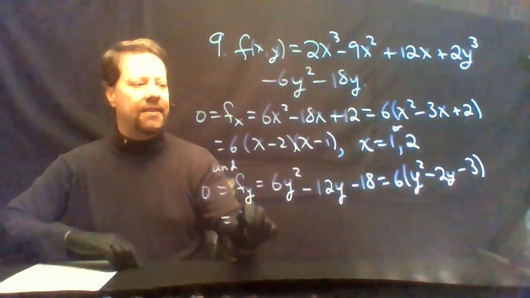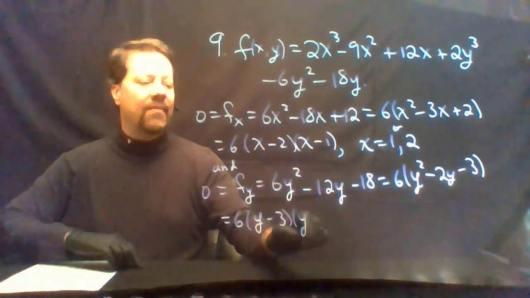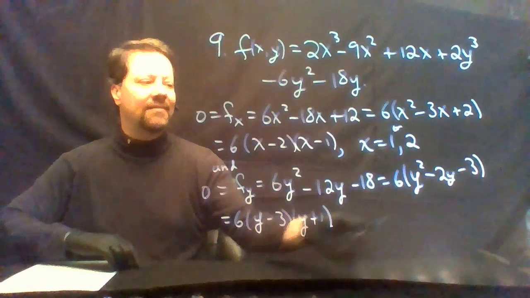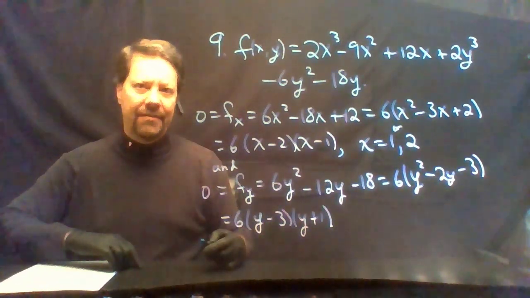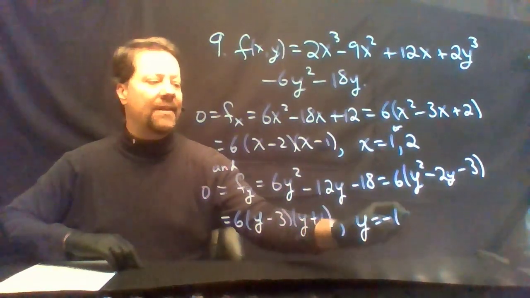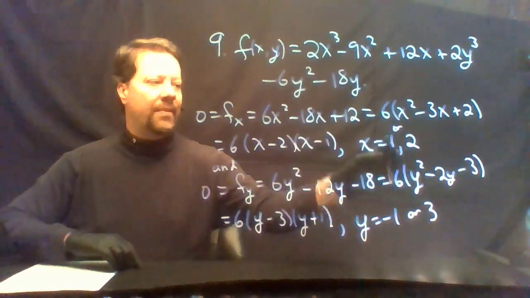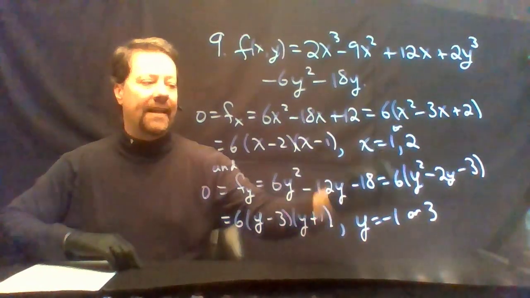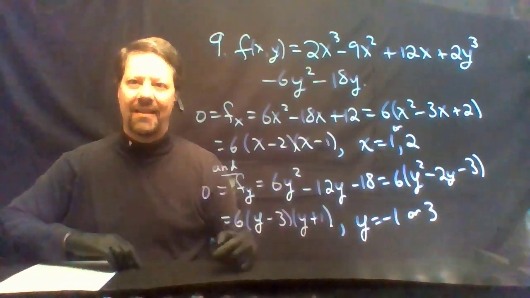We'll factor this as y minus 3, y plus 1. They must have opposite signs and add up to negative 2. We obtain then y equals minus 1 or y equals 3. So we have 1 or 2 for the x and minus 1 or 3 on the y.